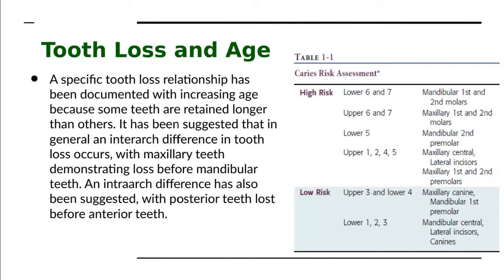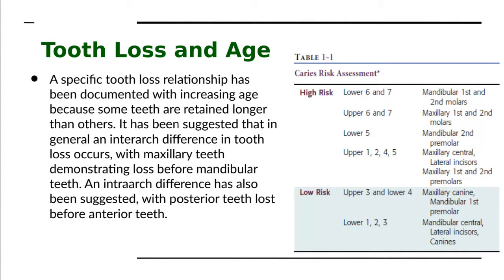Later on, the risk is transferred to the upper molars, the maxillary upper 6 and 7. So 1 6, 2 6, 1 7 and 2 7. Then come the mandibular second premolars. Then later come the maxillary central incisors, lateral incisors, and maxillary first and second premolars.